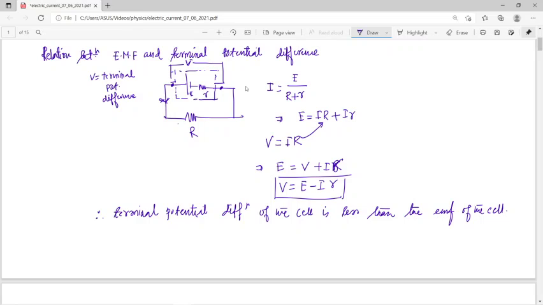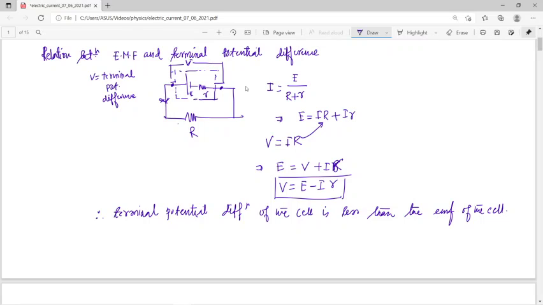And if you want to find the value of the internal resistance, because it may be asked, then we know the value of I is equal to E by R plus r.